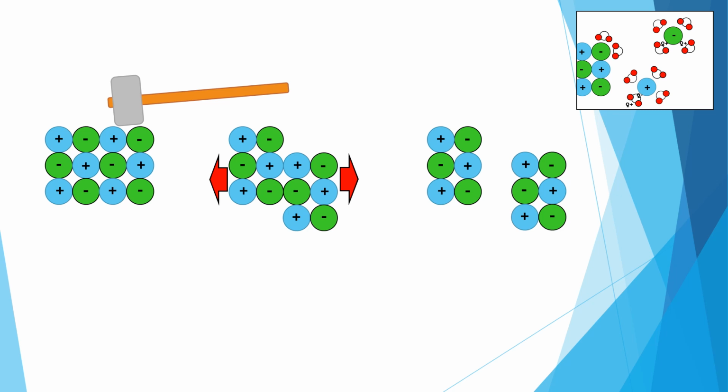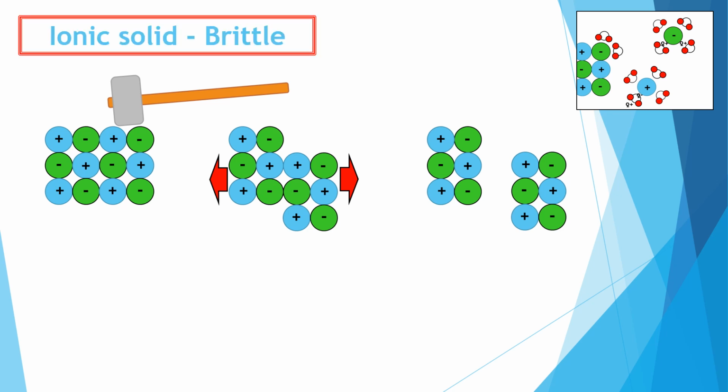Okay, so the last property we want to look at to do with ionic solids is them being brittle. Now, if we hit an ionic solid with a force, in this case a hammer, this is a miniature hammer, because imagine the ions are very small, but let's just ignore that.